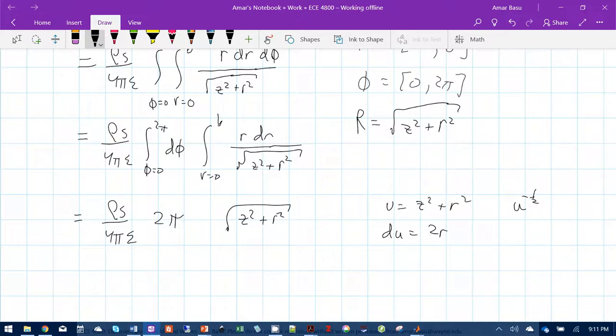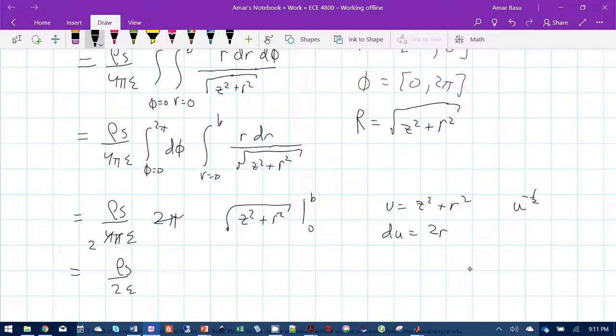Just because we're almost out of time here, let's not belabor that point. So this goes from 0 to b. The 2 pi cancels here. You're left with 2 here. So rho s over 2 epsilon.